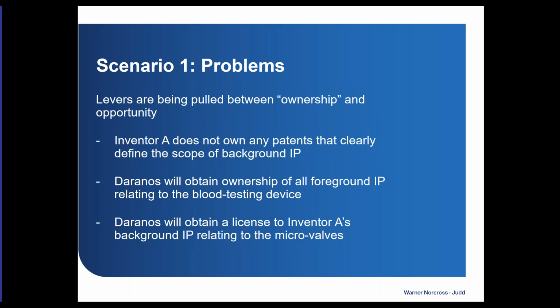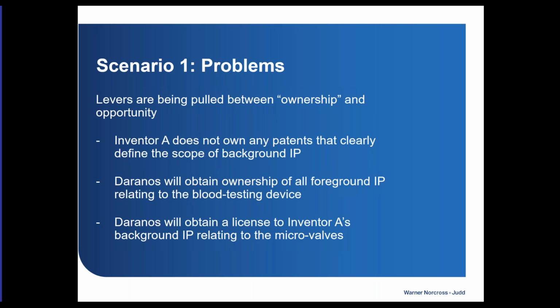Inventor A does not own any patents that clearly define the scope of his background IP. Meaning background IP could be a bit ambiguous at the moment. If this inventor is focusing on microvalves, the inventor does not want other developments in related technologies to fall within this agreement.